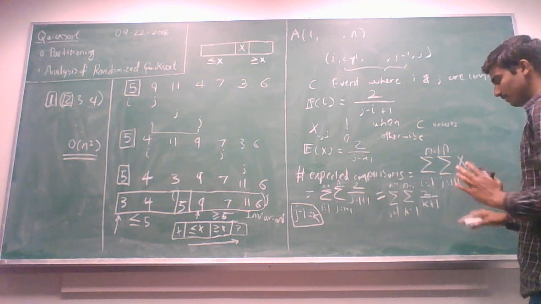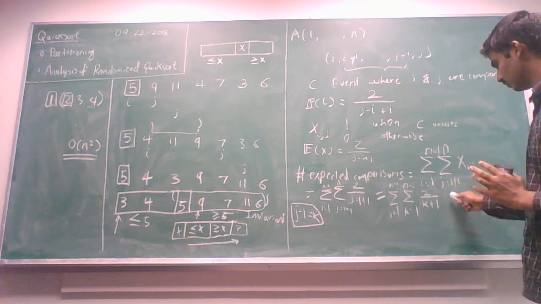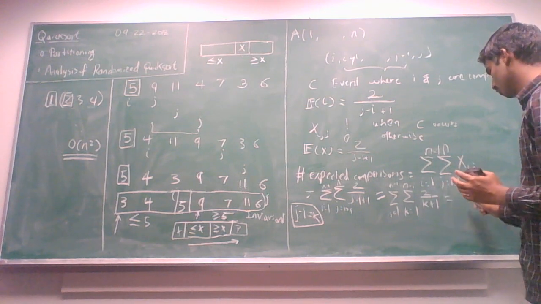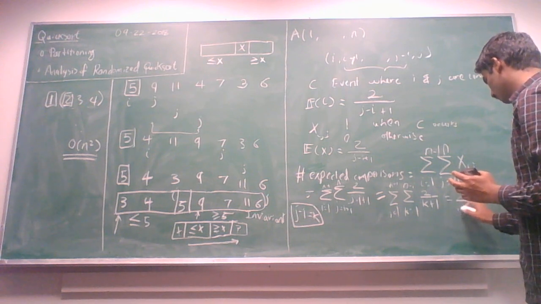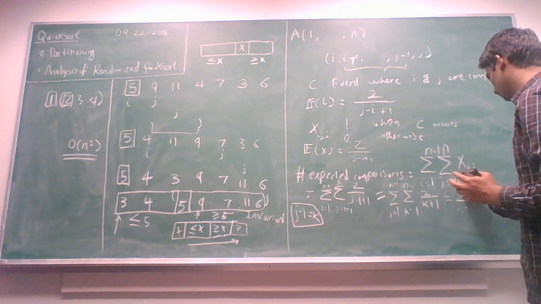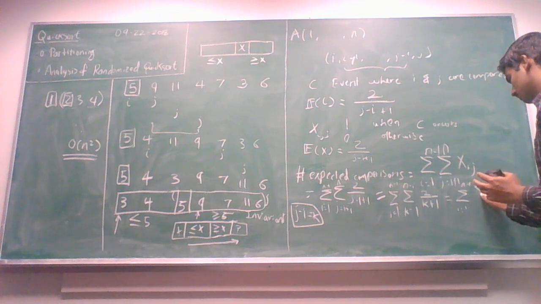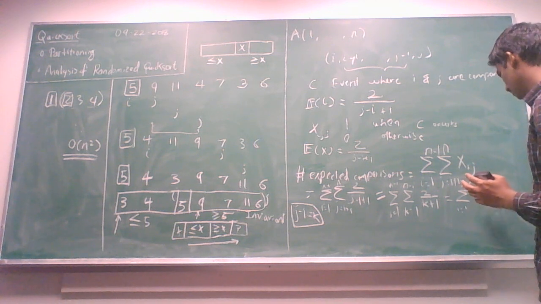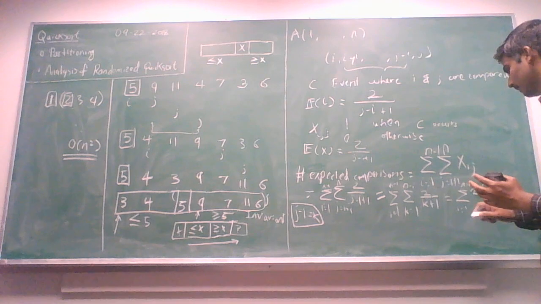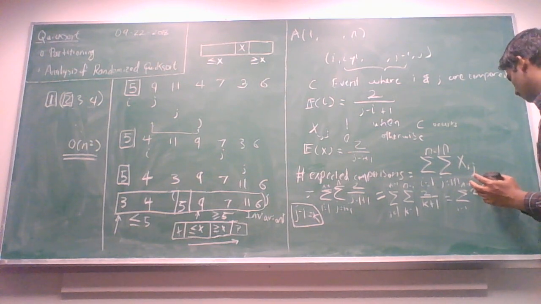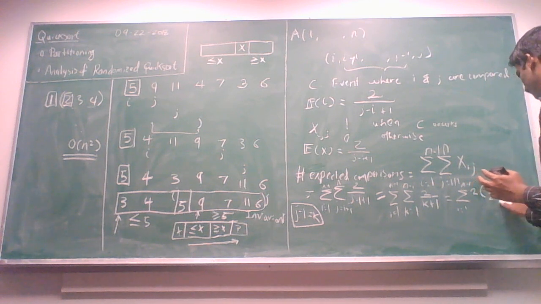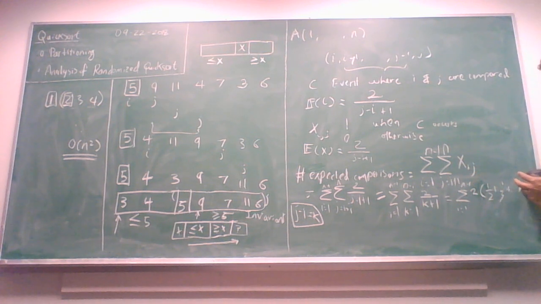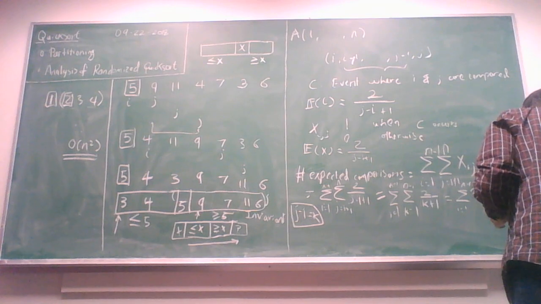Now this summation might seem familiar because of this term. So this summation is equal to summation i goes from 1 to n minus 1 of 2 times 1 by 2 plus 1 by 3 up to 1 upon n minus i plus 1.